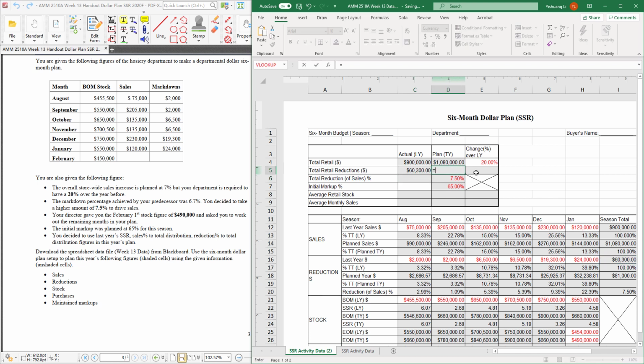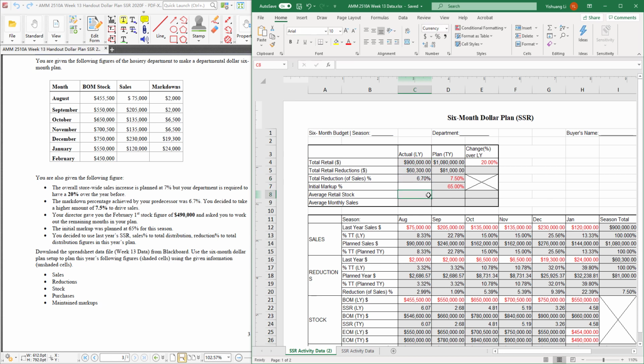This year's planning reduction equals the sale here, and the reduction percentages we can use should equal the reduction in dollars over the sales in dollars.